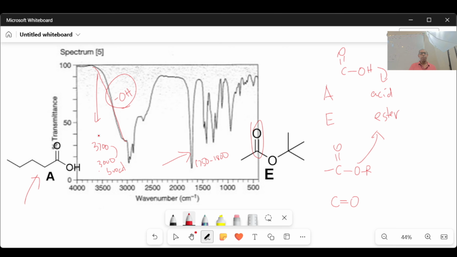Hence, even though both possibly have this carbon-oxygen double bond, the only characterizing peak that is absent in the ester and present in the carboxylic acid is OH. So this compound is A. So the spectra belongs to A. Okay.